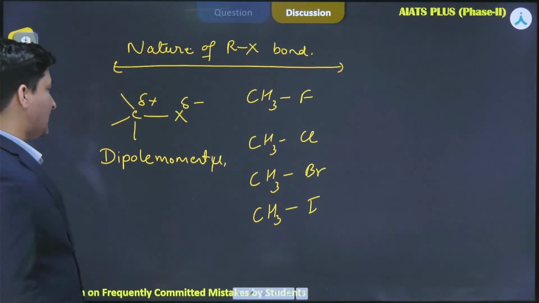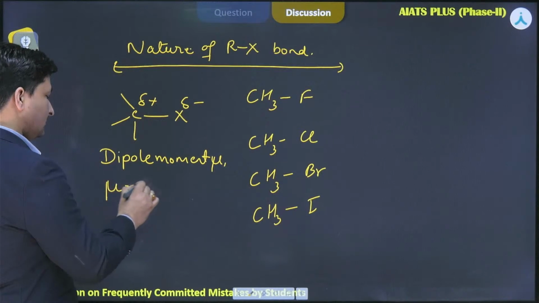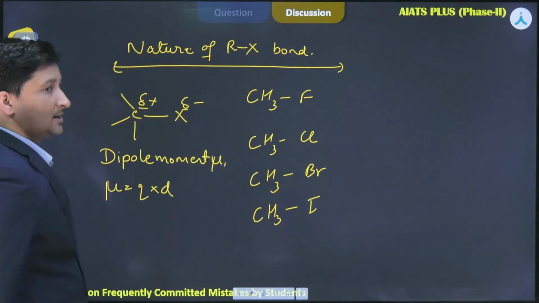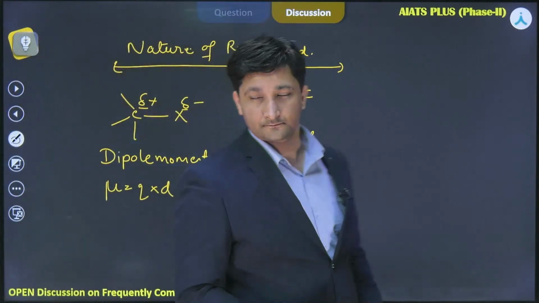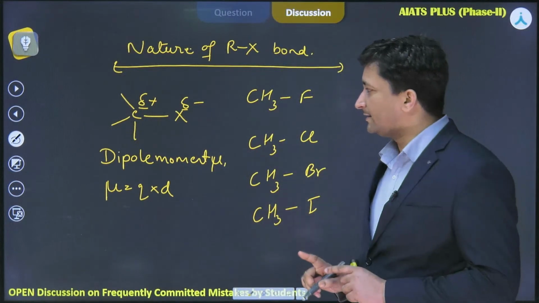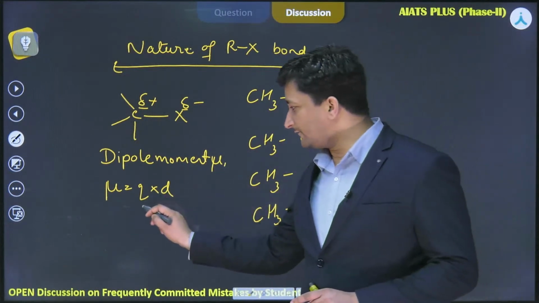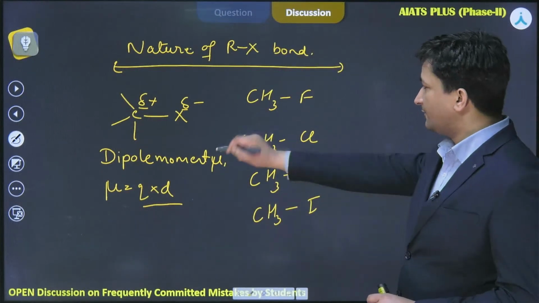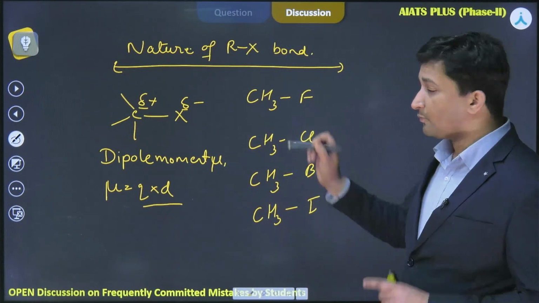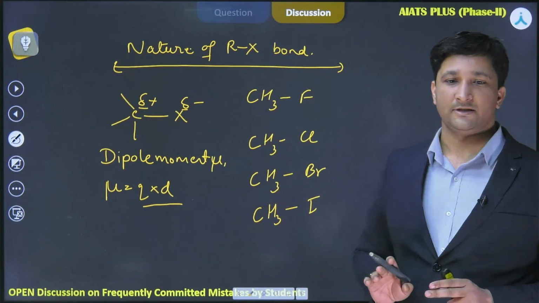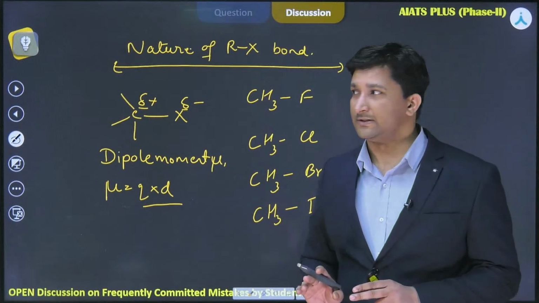We all know that dipole moment mu is equal to Q into D. Q means the charge that has been developed, and D means the distance between the two. Higher the value of this, higher will be the polarity. More the electronegativity, more will be the charge developed. There is an exception which arises here, so that's why I am going to discuss this.